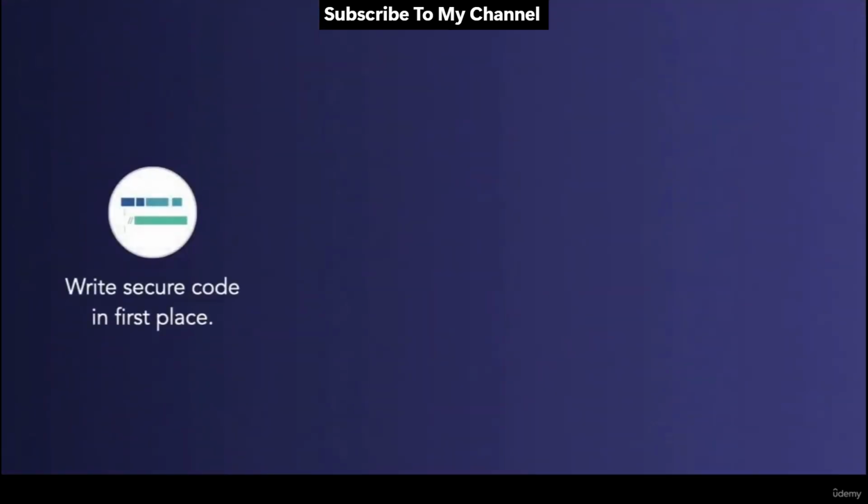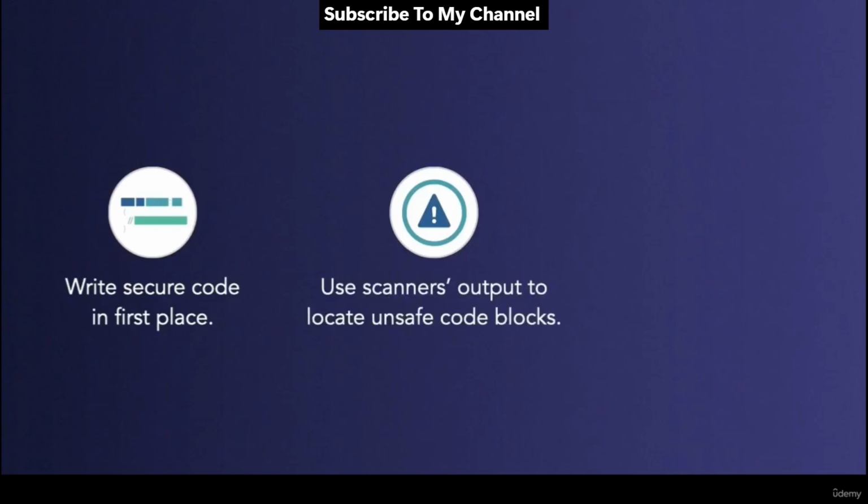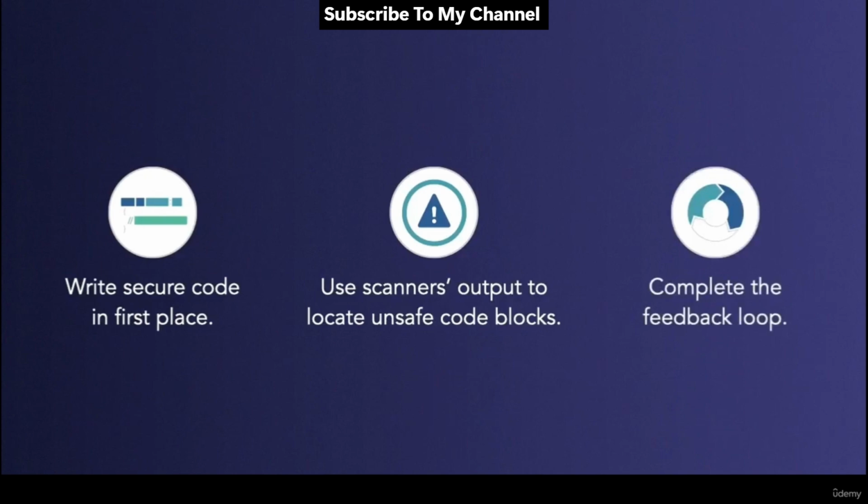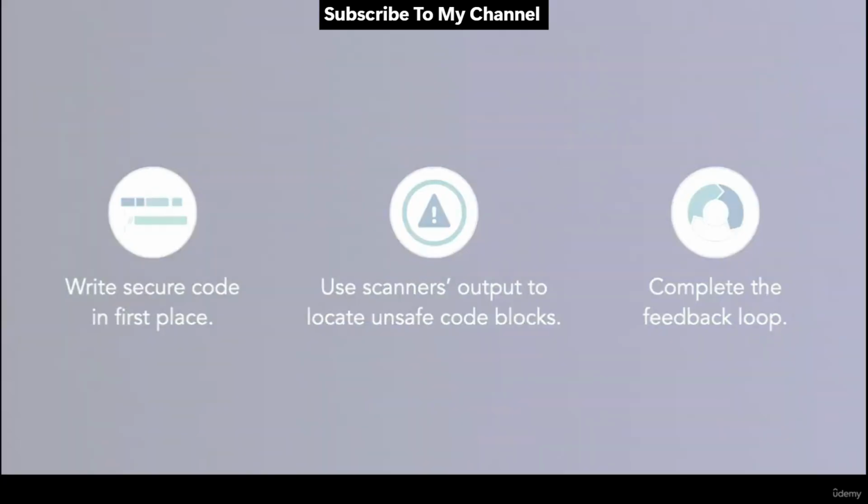Educate your developers to write secure code in the first place. Train them on how to use the output of these scanning tools to locate unsafe code blocks. And finally, complete the feedback loop by ensuring that the security bugs are addressed before the code is promoted or merged into the next level branch.